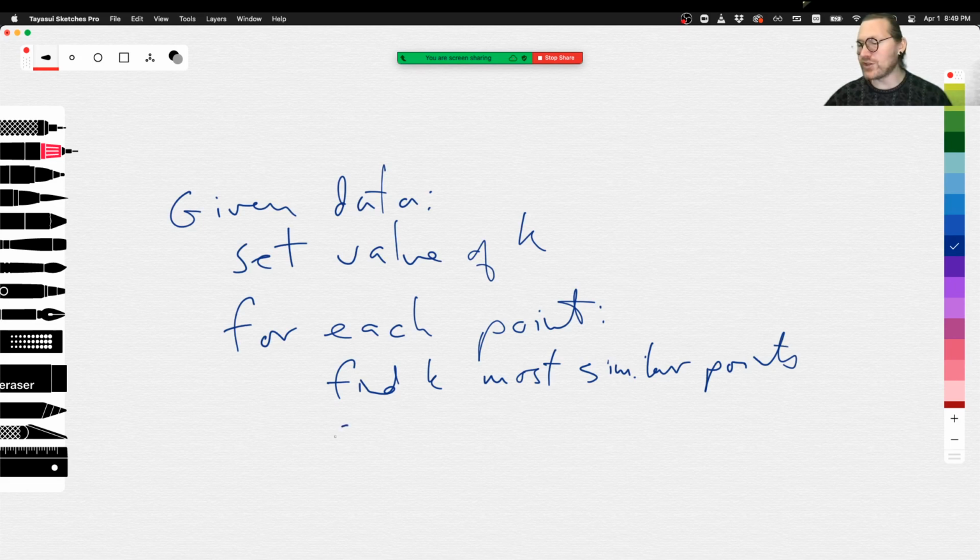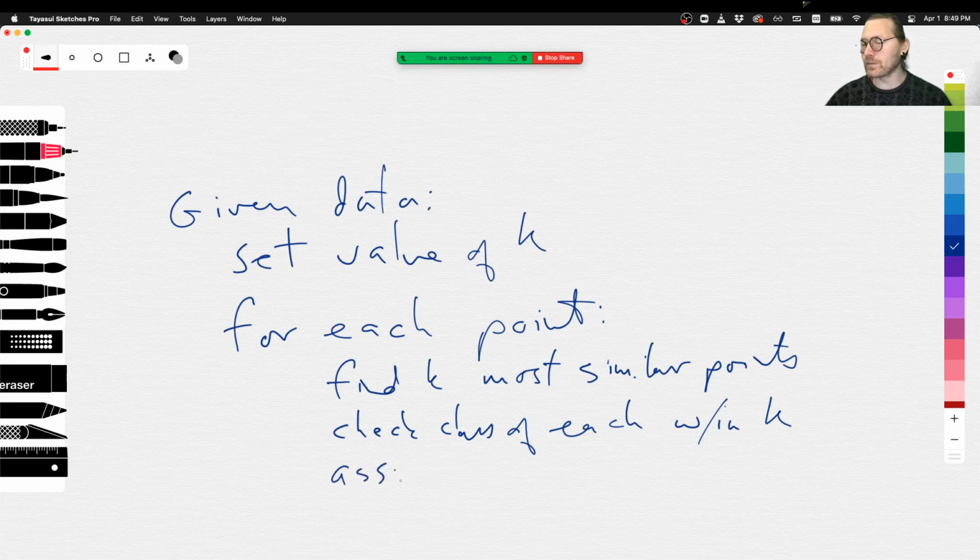And then we check the class of each of those within the k. And then we assume the point in question, right? We assume the point is of the majority class.